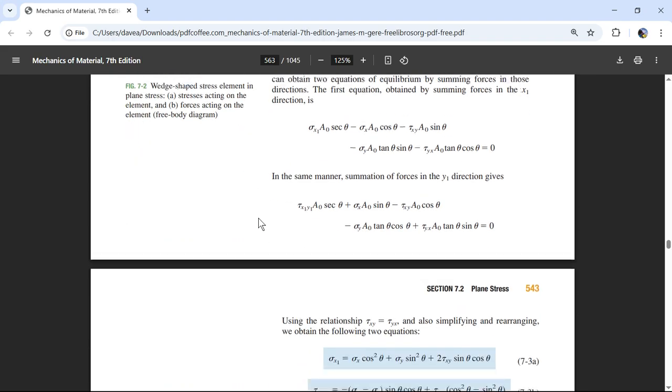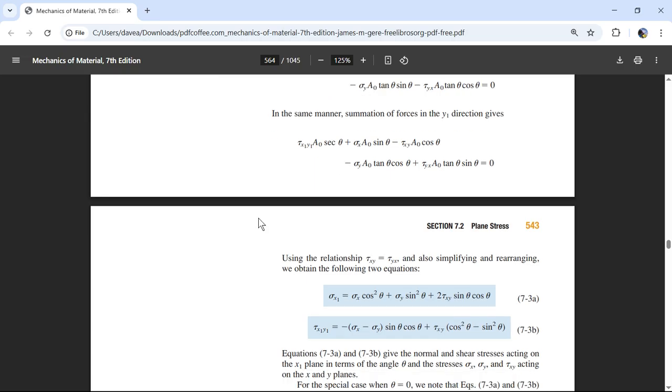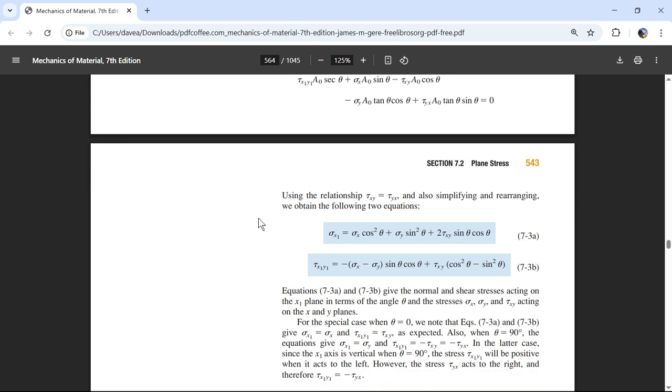I'm glad I explained that, because what's going to happen is you're going to throw all those terms into here, but not realize where they come from.